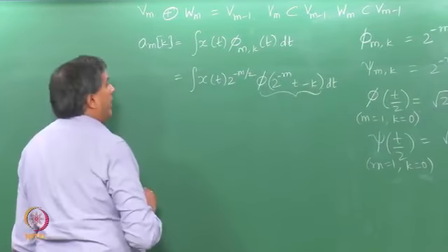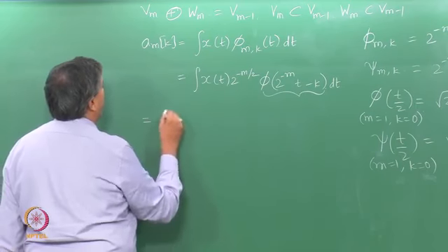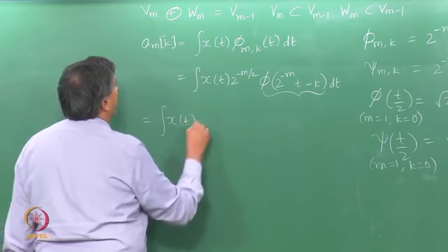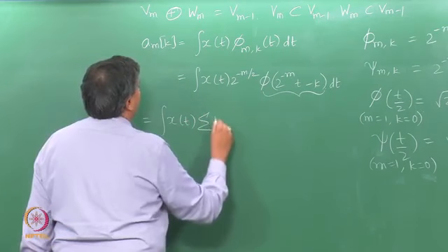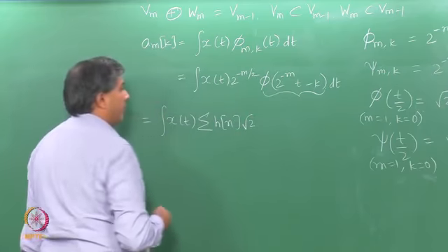So, using equation 18, I rewrite this integral as x of t times sigma h of n times root 2.